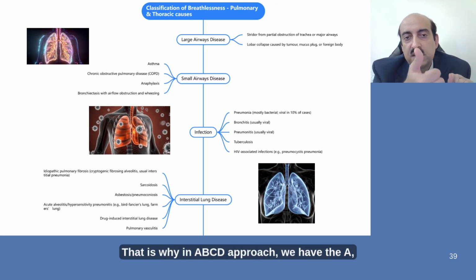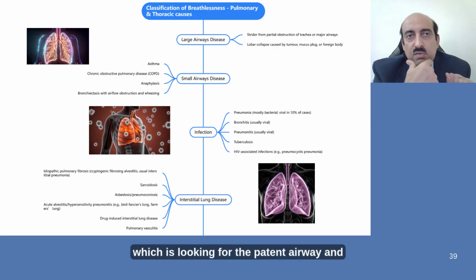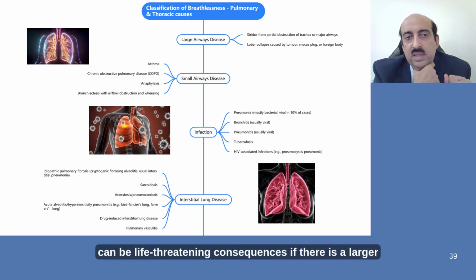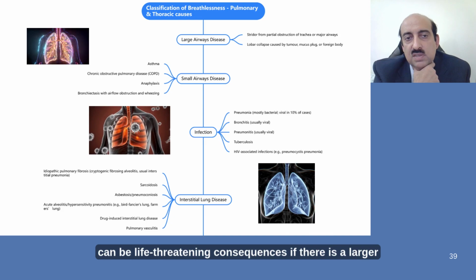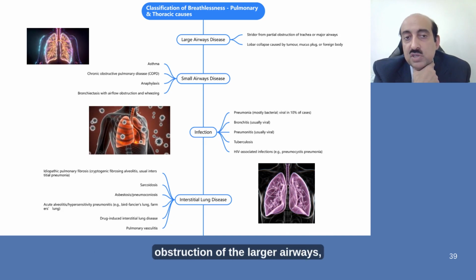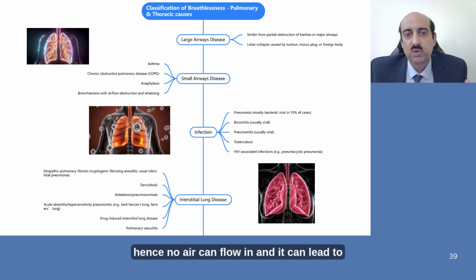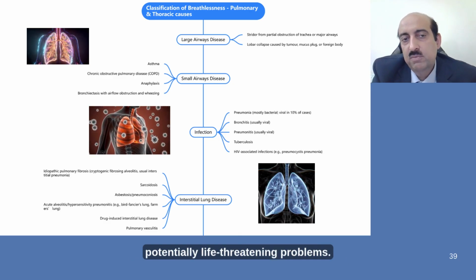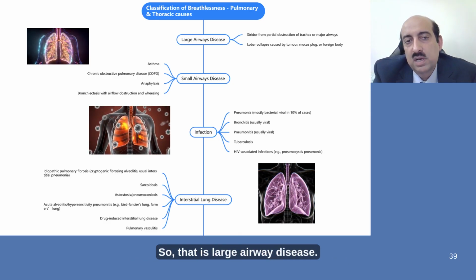That's why in the ABCD approach we have the A, which is looking for the patent airway, and that can have life-threatening consequences if there is an obstruction of the larger airways. Hence, no air can flow in, and it can lead to potentially life-threatening problems. So that's large airway disease.